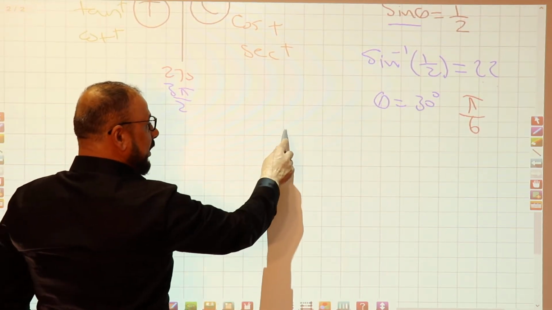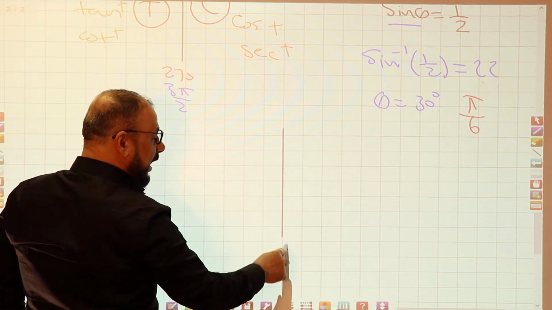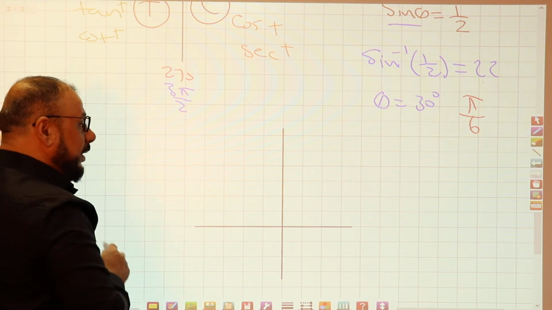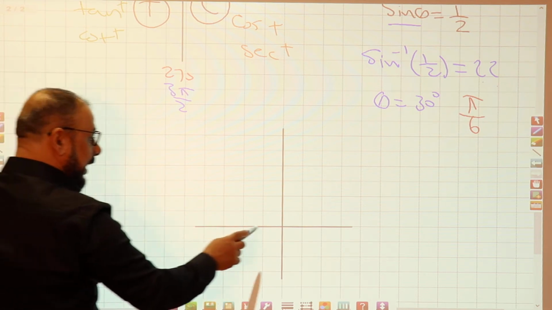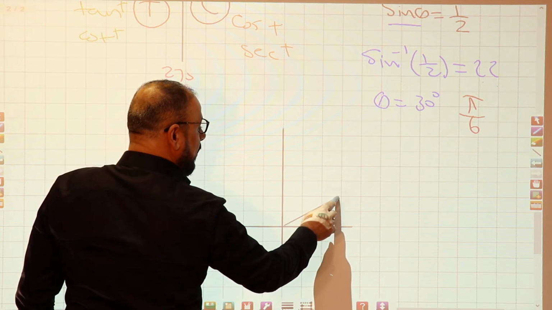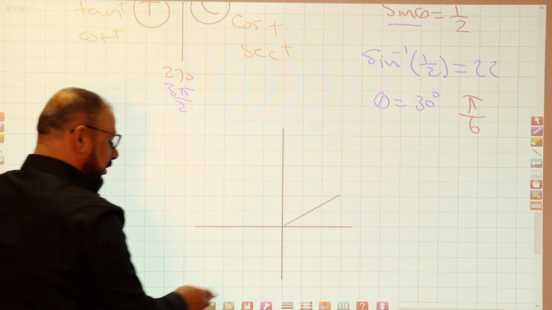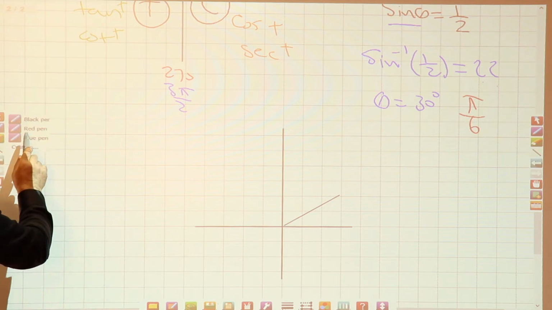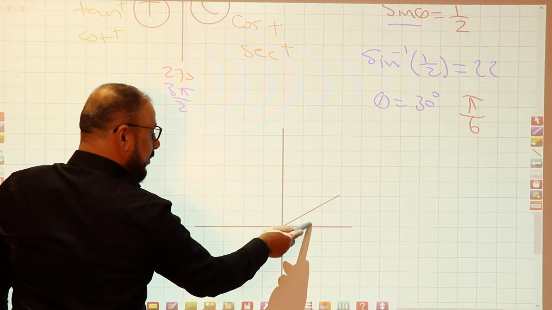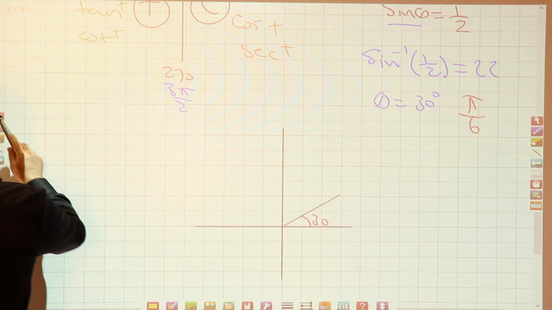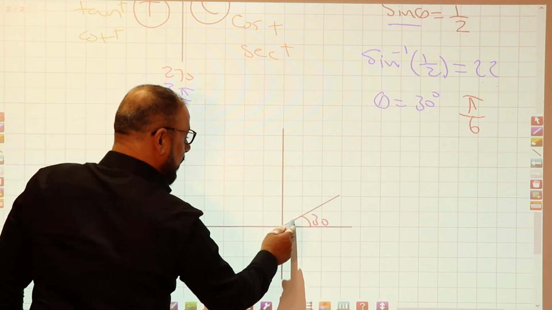I have 30 degrees. Let me see which other angle has the same sine. Now, I know the first angle is 30 degrees. Let us make believe this is 30 degrees, and let me give this angle the color blue.